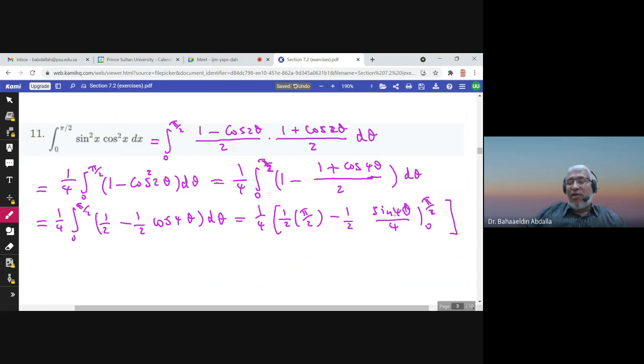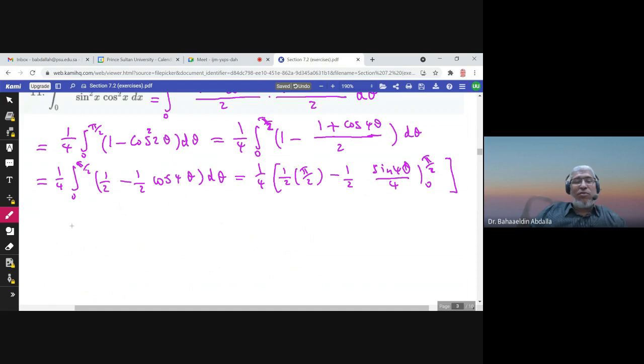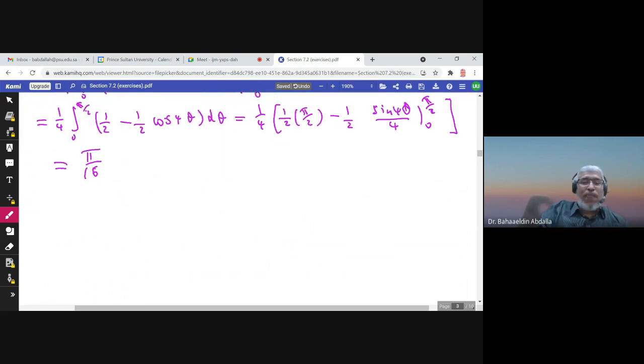Sine 4 pi over 2 is sine 2 pi. That's 0. And sine 0 is 0. So as in the previous two examples, we have the answer would be pi over 4 times 2 times 2, that's 16. So this would be the answer, and the other term would be 0.